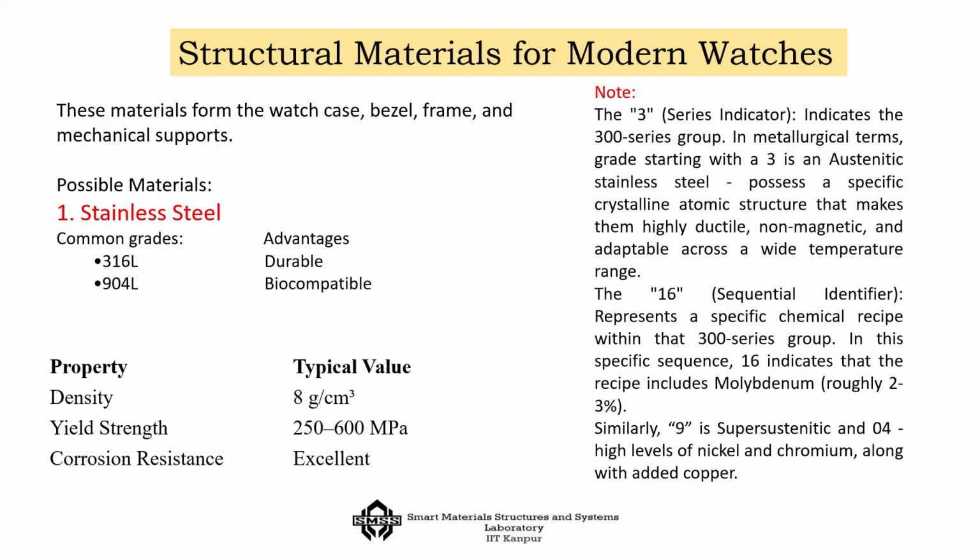In terms of the structural materials, that is the watch case, the bezel, the frame and the mechanical supports, the first important group of material is stainless steel. And stainless steel has two common grades, grade 316L and grade 904L.